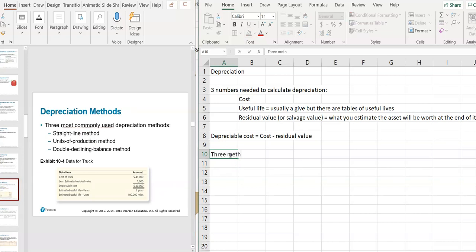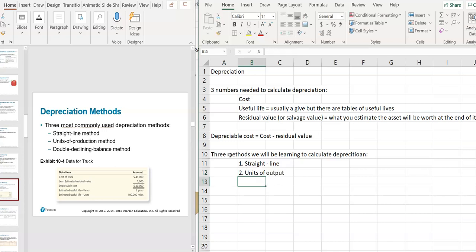There's more than three, but these are the three methods we will be learning to calculate depreciation. The first one is straight line. We've already kind of done it. The second one is units of output. And the third one is double declining balance.